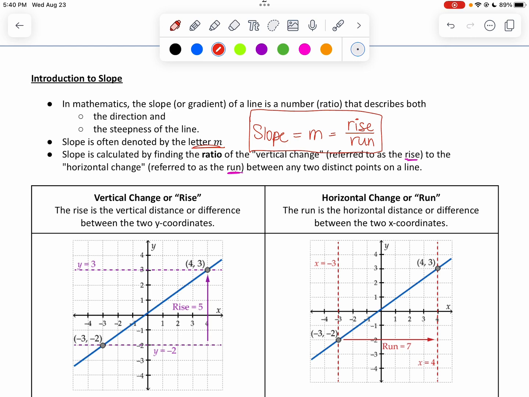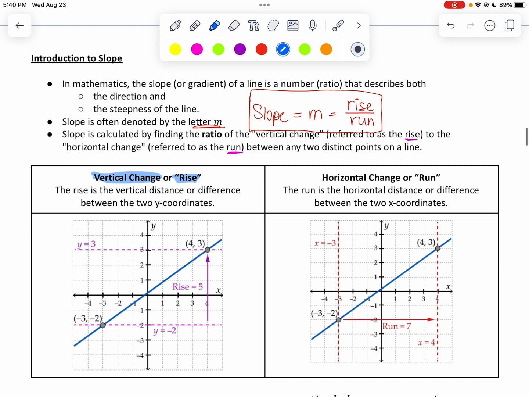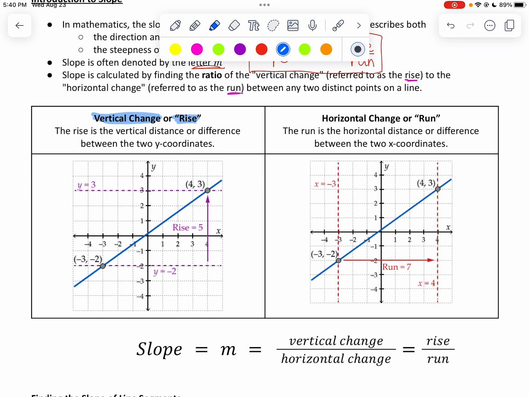So what are we talking about when we're talking about the vertical change, or in other words, the rise? When we talk about the rise, we're talking about the vertical distance or difference between the 2 y coordinates. Suppose there were these 2 points on this blue line where we've identified whole number coordinates of (-3, -2) and (4, 3).